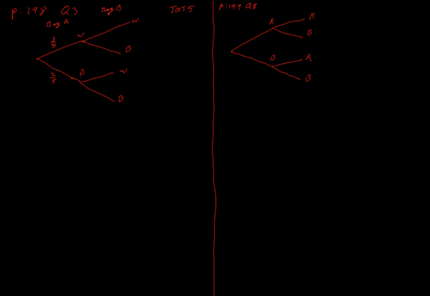And then for bag B, we have 4 white counters out of a total of 7, and then 3 blue counters out of a total of 7, and these are going to be identical. So all I've done is write out my tree diagram with my bag A and my bag B, and I've written out the probability of each outcome along its branch.